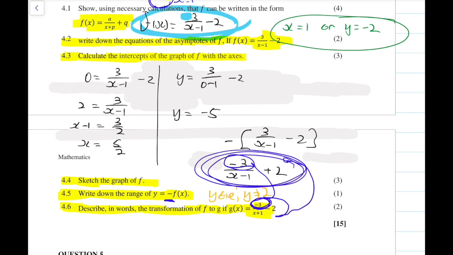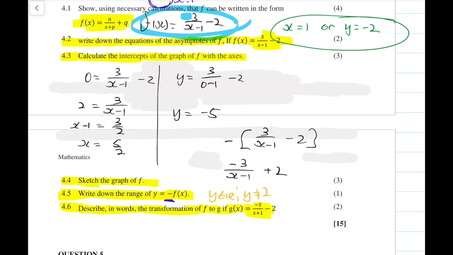But what's different are these values here. This is plus 2, here it's a minus 2. First you want to say you reflected about the x-axis.